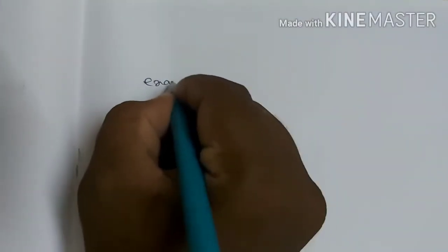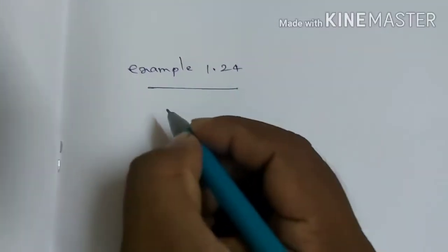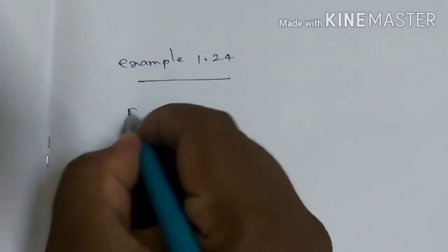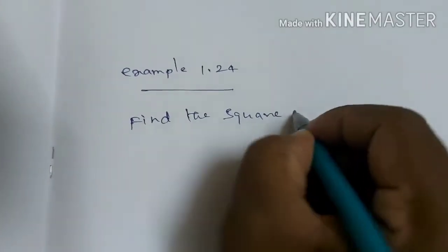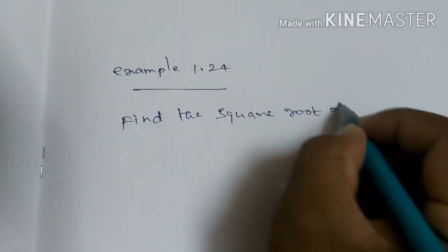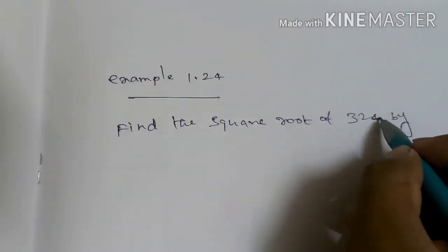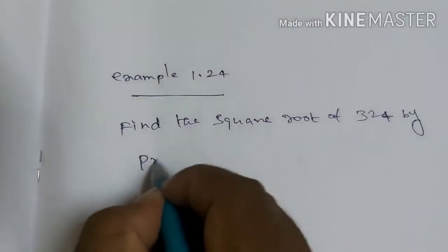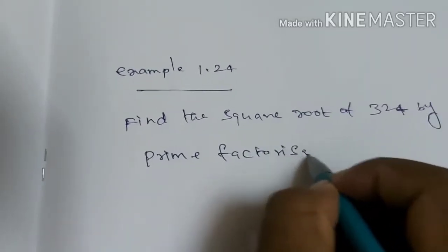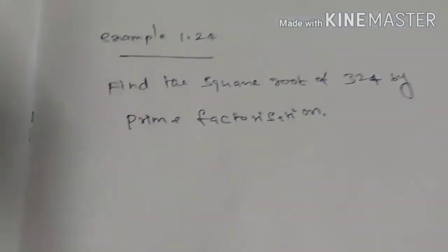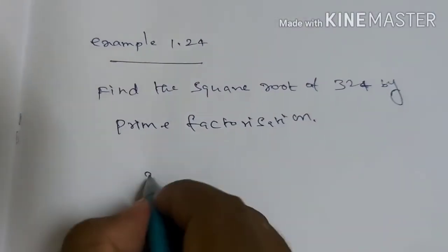Next sum, example 1.24. Find the square root of 324 by the prime factorization method. So first resolve the given number into prime factors, group the identical factors in pairs and take one from each, then find the square root. So the same as the LCM method, take 324.